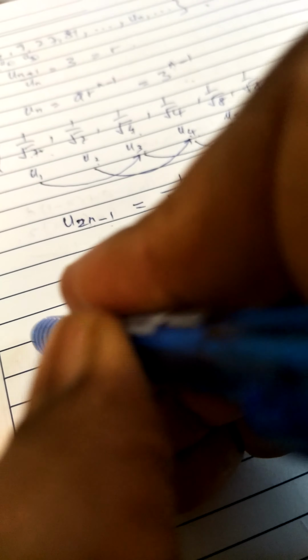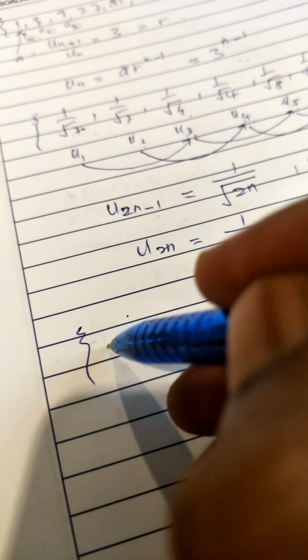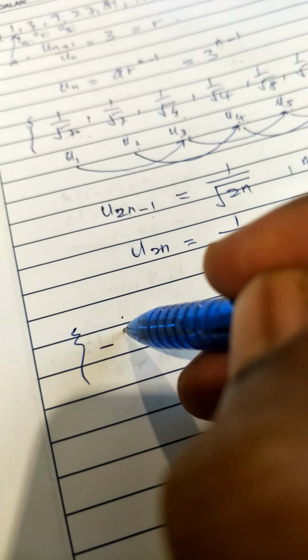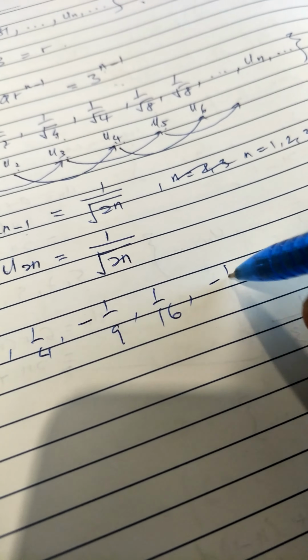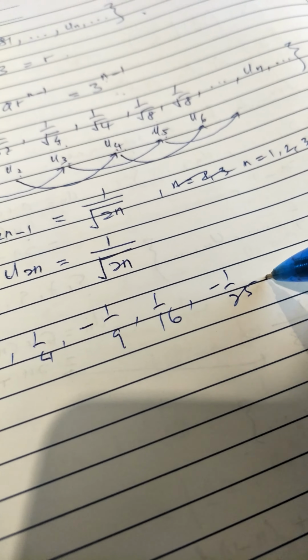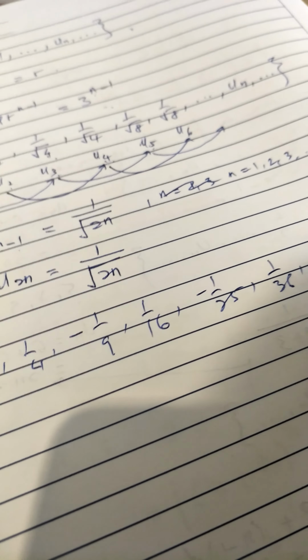Another example. Let's say you have minus 1, 1 over 4, minus 1 over 9, 1 over 16, minus 1 over 25, and so on, 1 over 36, and so on. You need to find un.